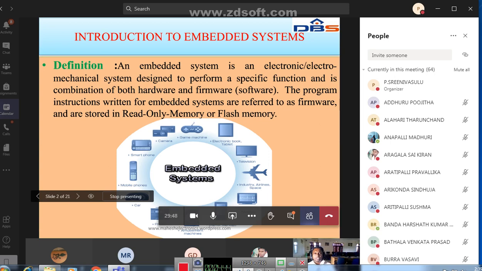This is the simple definition of an embedded system.